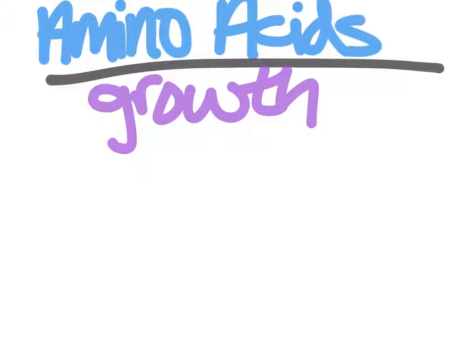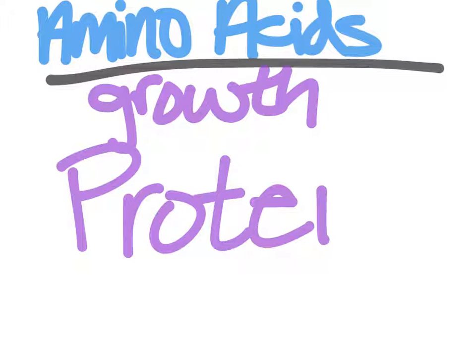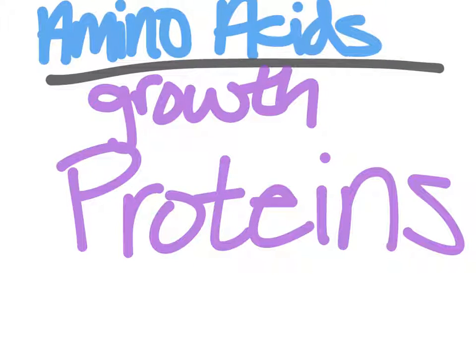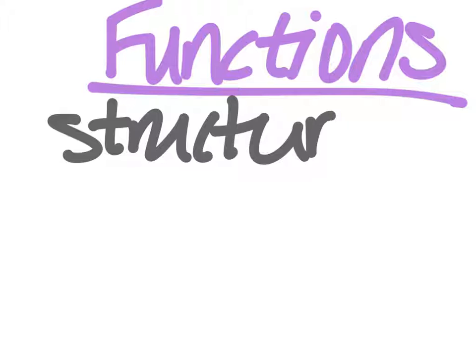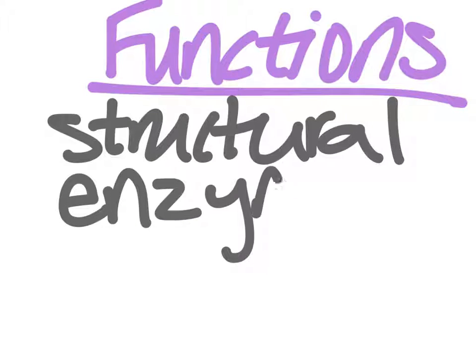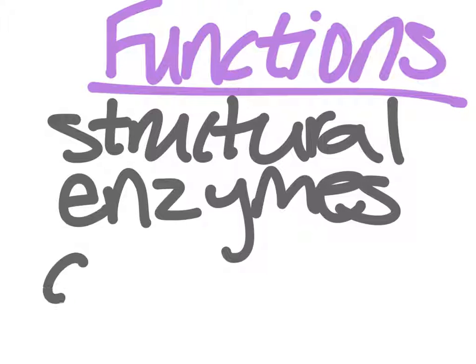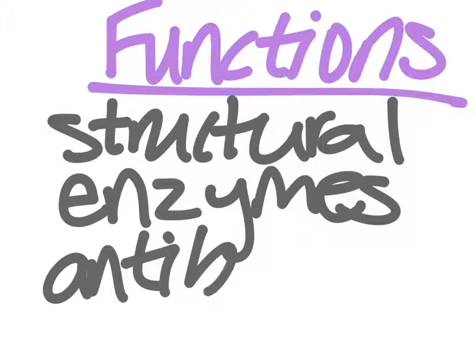And the only one left out of our two macromolecules that will work for this is proteins. Let us look more into what exactly proteins do for us. So the functions of proteins are to be structural for our cells and body, to help with our enzymes, and to help us when we get sick and help us with our antibodies.